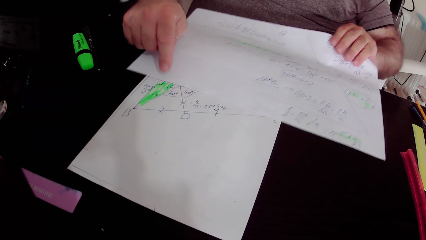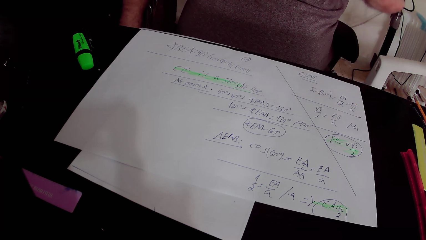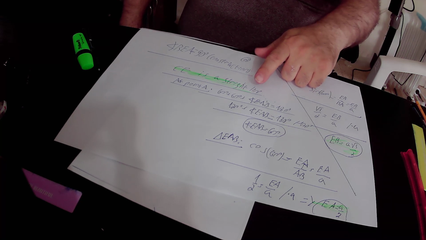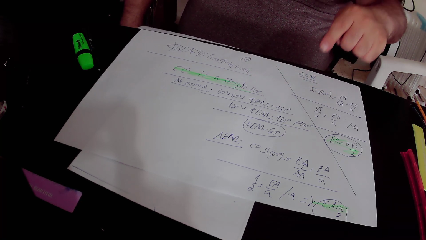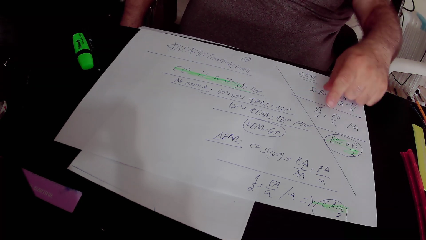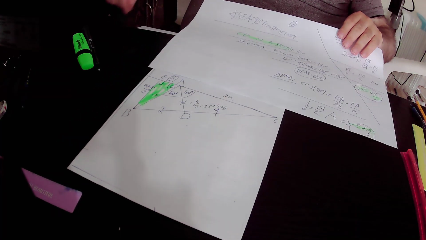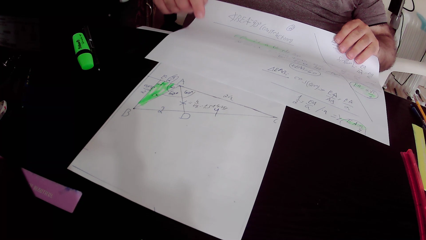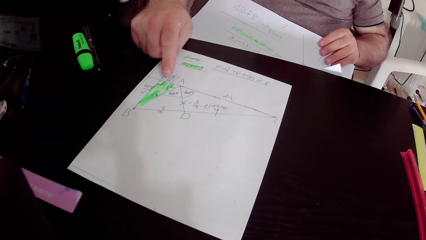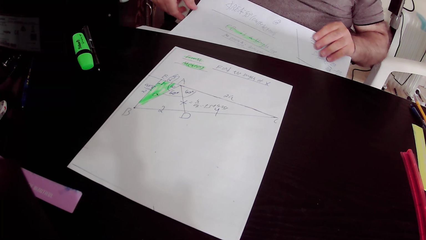In total, the sum of those three angles must be equal to 180 degrees. So 60 degrees plus 60 degrees is 120 degrees, plus angle EAB equals 180 degrees. We subtracted 120 degrees and got that the missing angle EAB equals 60 degrees.